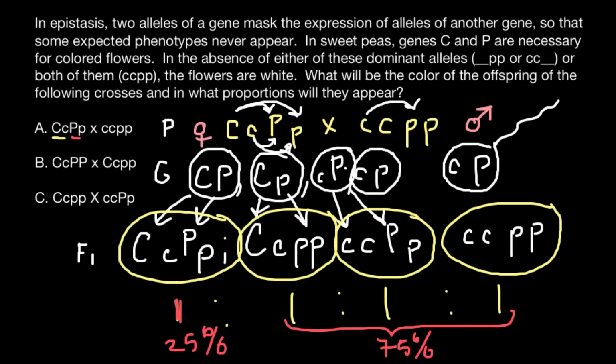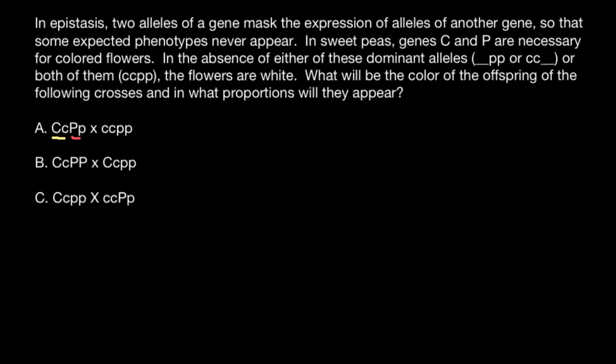Now we can move to question B, and let me clean the space here. So the answer for the first question would be 25% colored and 75% that wouldn't be colored.